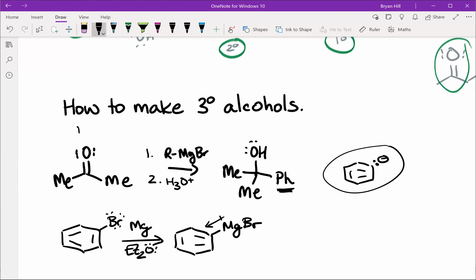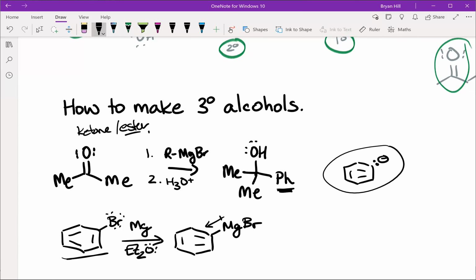You use a ketone like we've got here, or an ester would also work. So that's basically that. One component could be made from an alkyl halide with some magnesium, and the other component is just your carbonyl group. So that's good.